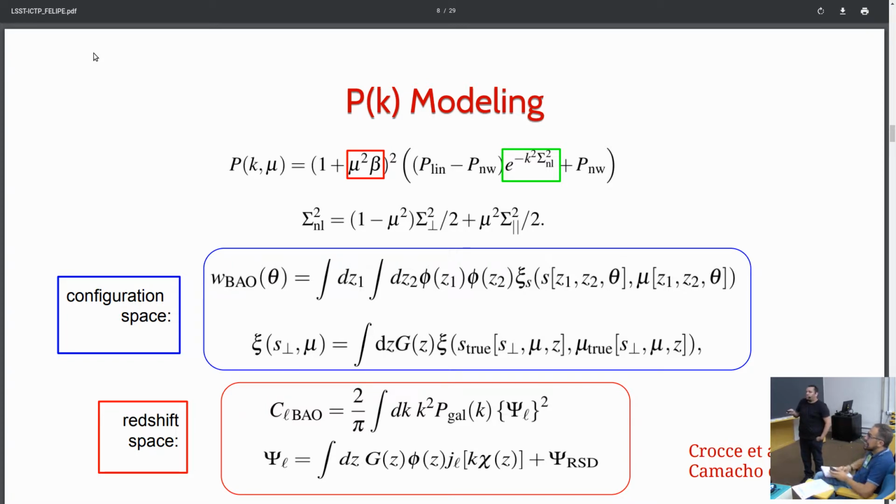And our proposal here was to check this in Fourier space. So this is our basic modelling, with some corrections that I will go into in detail.